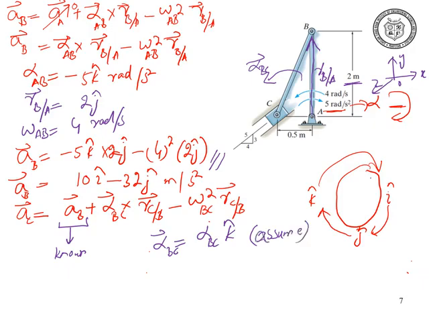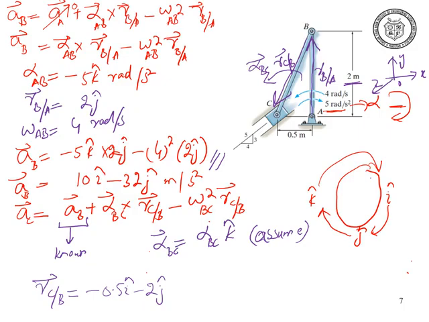Now what is RC with respect to B? We found this when finding the velocity. So RC with respect to B will be acting in this direction. We found previously that RC with respect to B will be minus 0.5 I minus 2 J. Now what is omega BC?